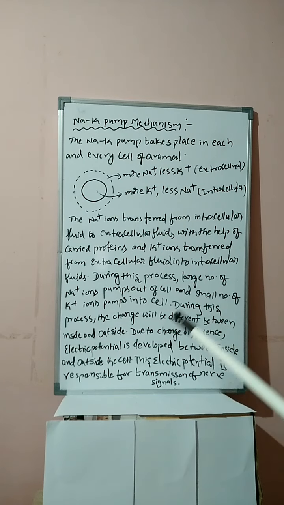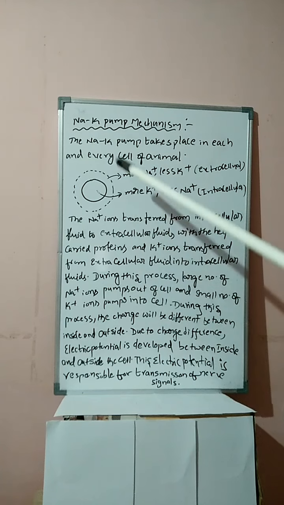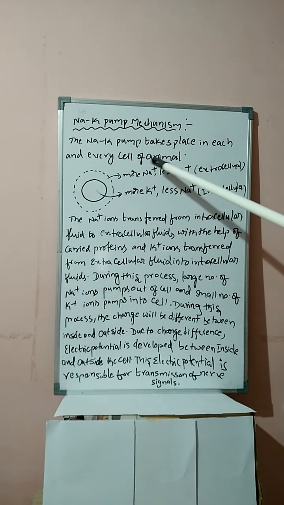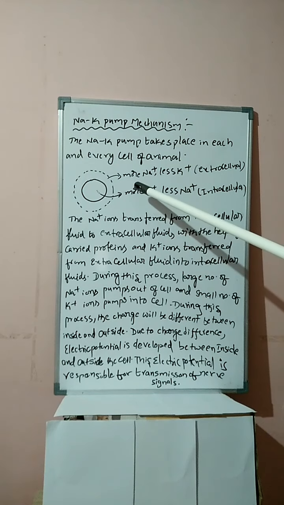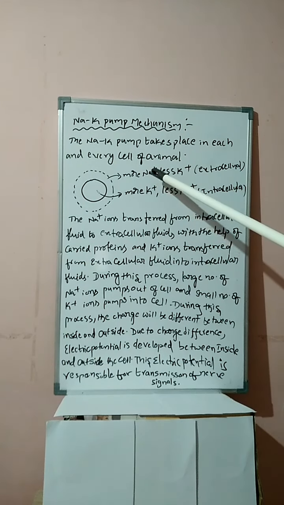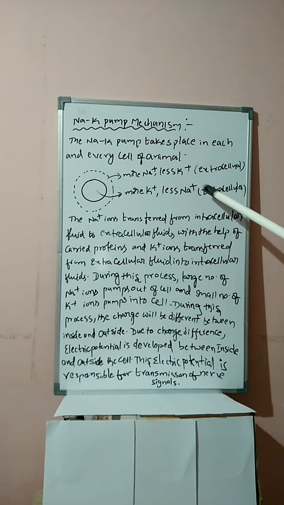Briefly once again, students, the sodium potassium pump mechanism: it is a theory part and a very easy part. The sodium potassium pump takes place in each and every cell of animals. The extracellular fluids contain more Na+ and less K+, whereas the intracellular fluids contain more K+ and less Na+.